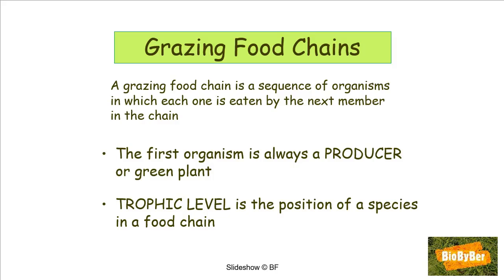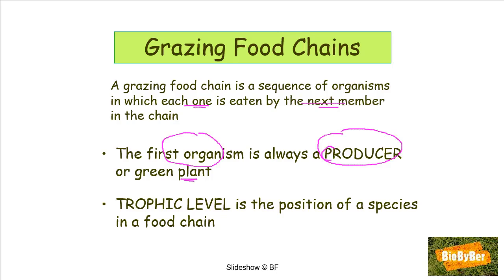Grazing food chains. A grazing food chain is a sequence of organisms, one after the other, in which each one is eaten by the next member in the chain. In a grazing food chain, the first organism is always a producer or a plant.